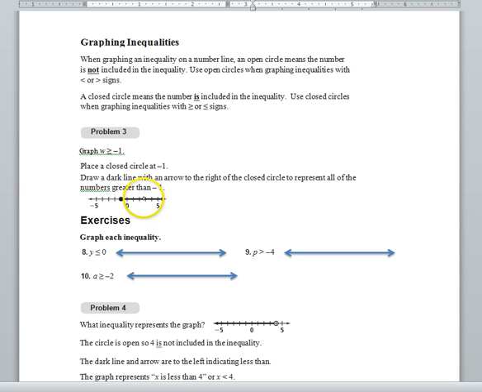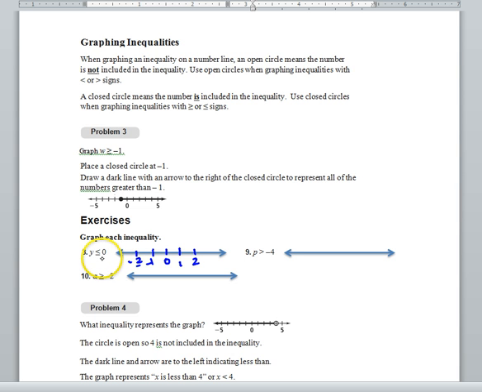For problem 8, y is greater than or equal to 0. So we need to put some tick marks on the number line. And this problem, I think I might have said greater than, but it's less than.